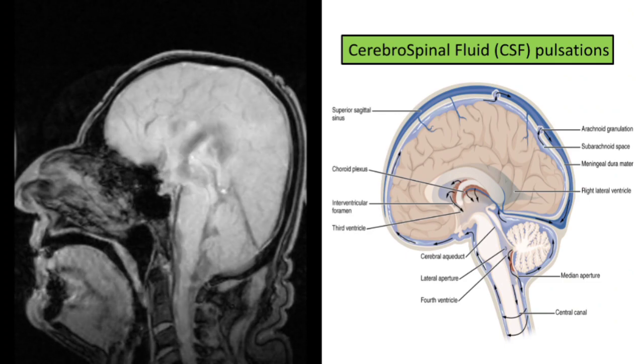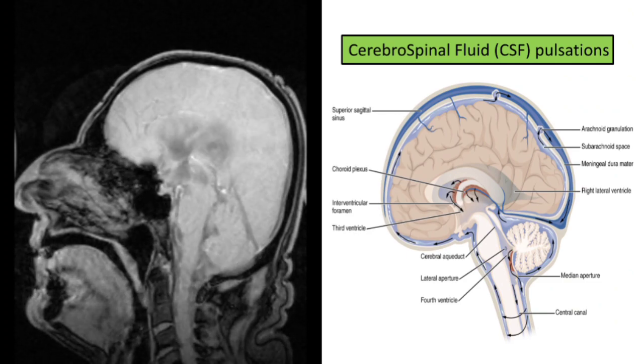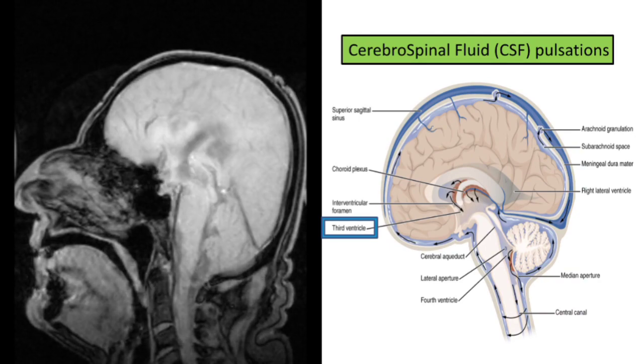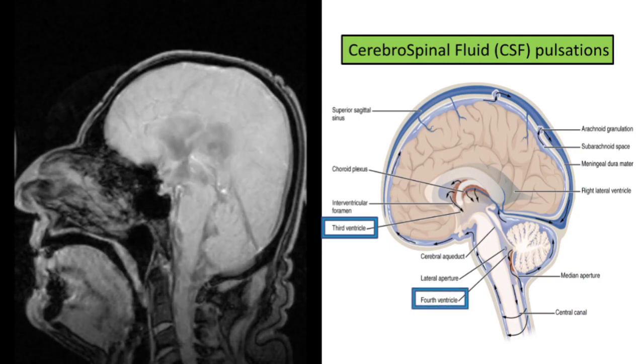CSF moves in a single outward direction from the ventricles, but multidirectionally in the subarachnoid space. Fluid movement is pulsatile, matching the pressure waves generated in blood vessels by the beating of the heart. CSF pulsations have been recognized for many years.